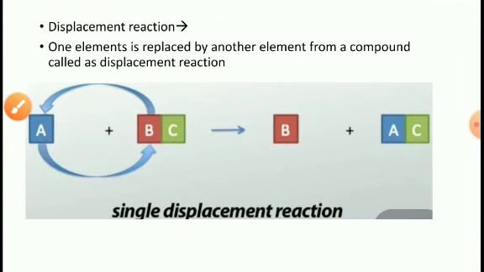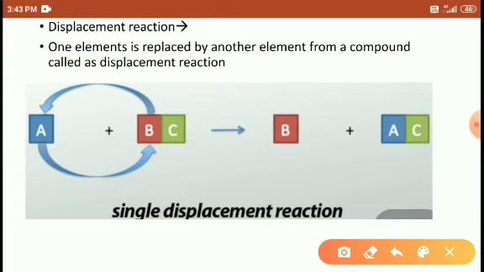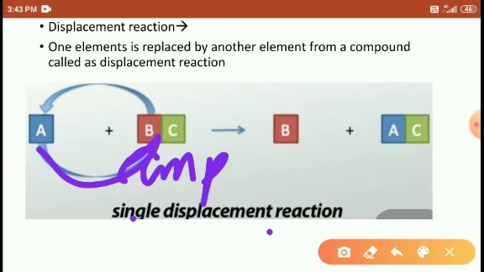Right, students? Next is the displacement reaction, also called the single displacement reaction. Only one element is replaced by another element from a compound, and that is called displacement. For example, students, BC is the compound. So what happens? A replaces the B to form AC.